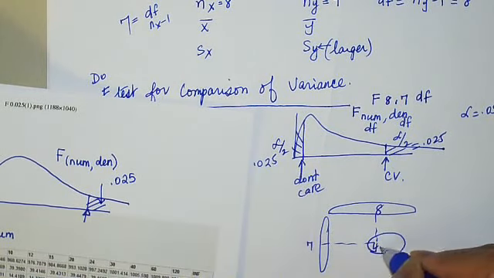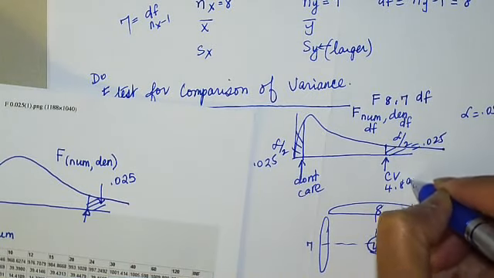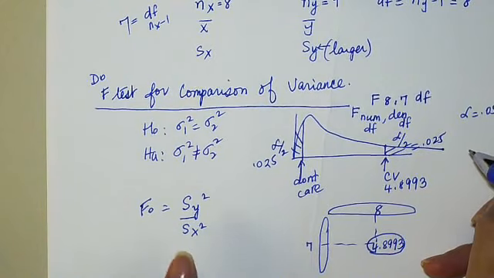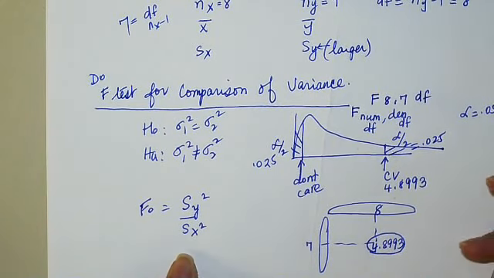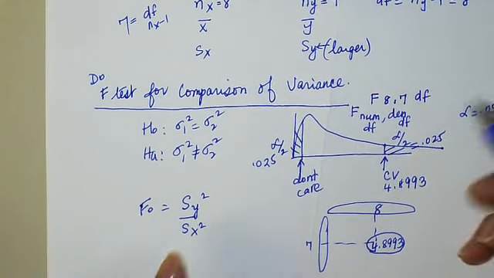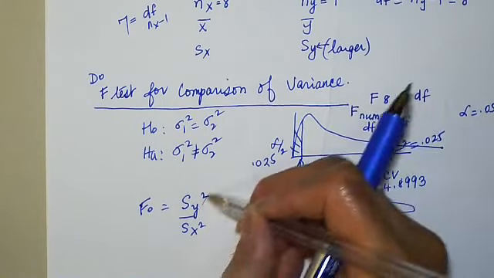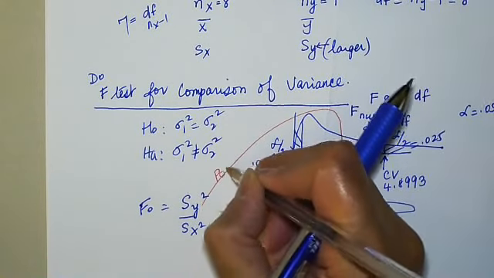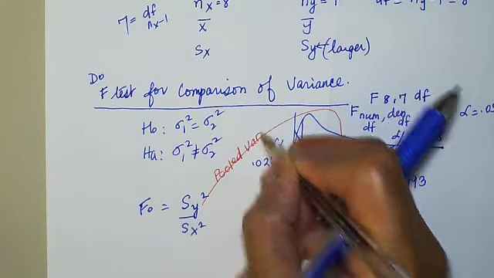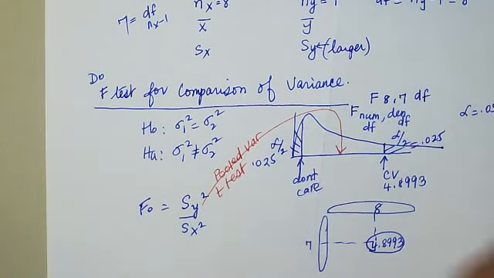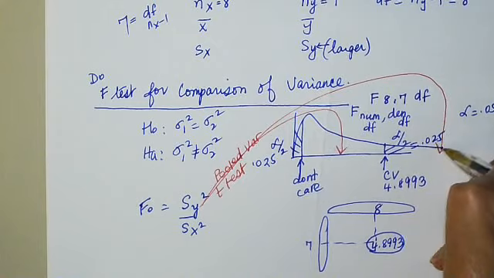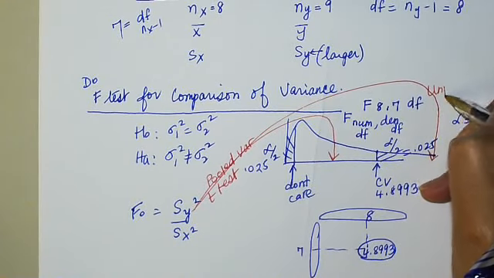Let's do it. And let's say that alpha is equal to 0.05. That means this would be 0.025 and 0.025. So go to the F table for 0.025. Make sure you go to 0.025. And then 8 and 7. So 8 and 7 gives me 4.8993. That's the critical value.